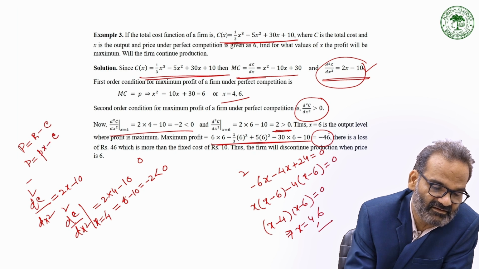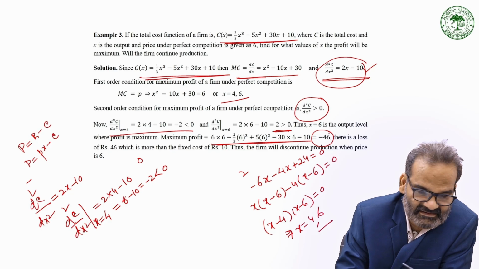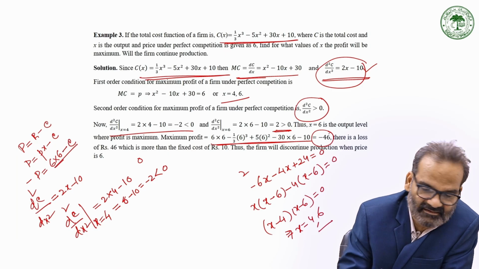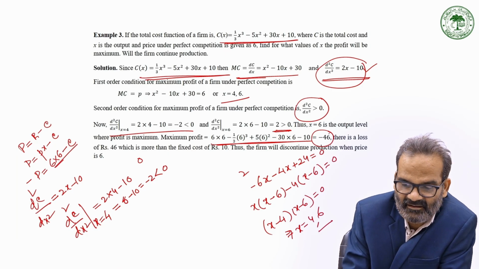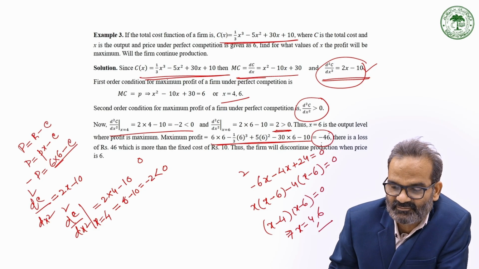Px, C is given to you. What is P? P is 6. See, P is given as 6 rupees and X has also come 6. So 6 into 6 minus the cost function, right? Put x equals 6 in this expression, you will get minus 46 as the profit.